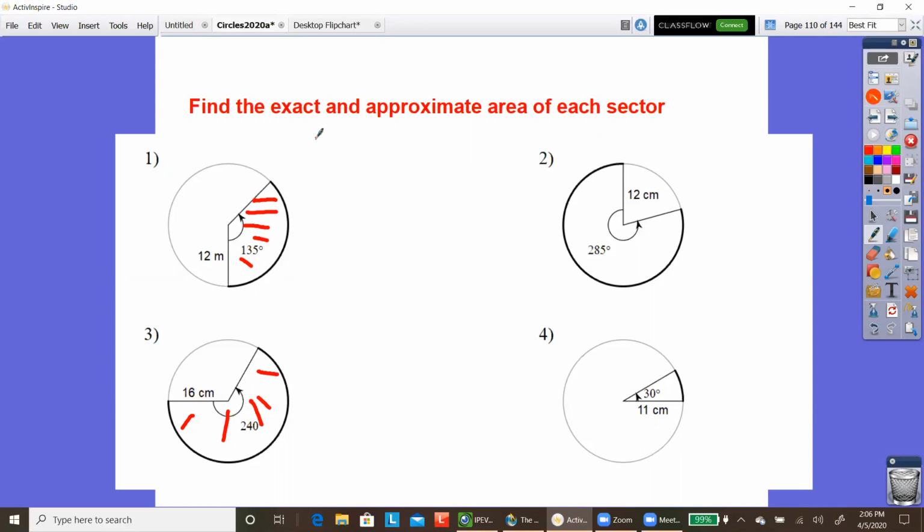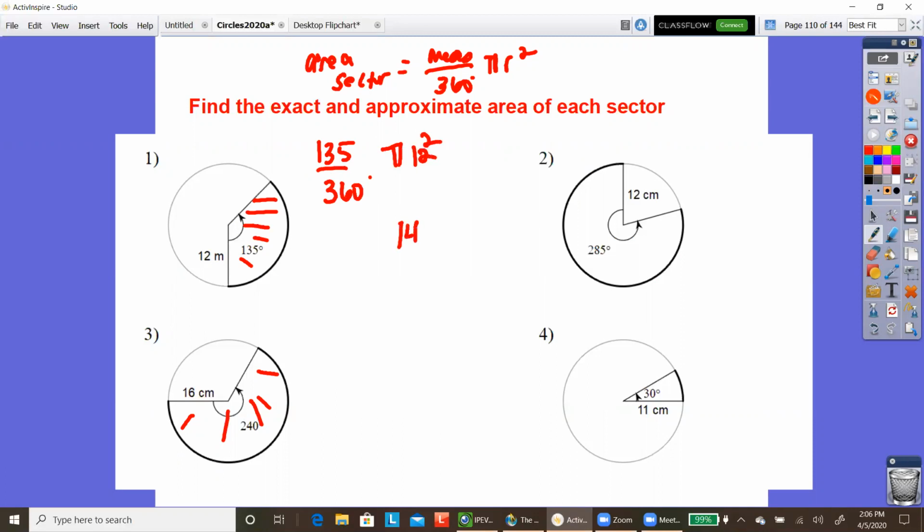To get the area of this sector, again, the area formula for a sector would be the measure of the arc over 360 pi times radius squared. So in this case, the measure of the arc is 135 over 360 pi times 12 squared.